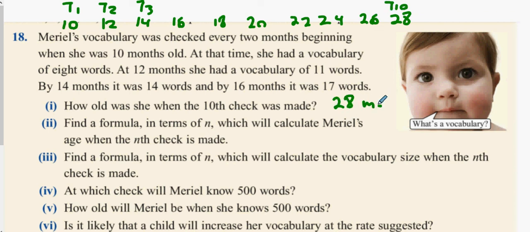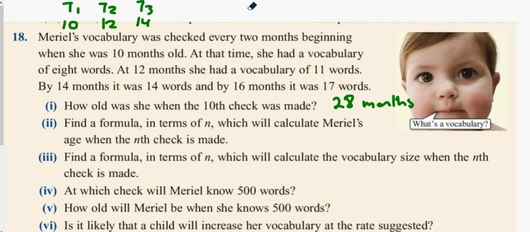Did any of you use a formula for that, or did you just count up? Well, we have to do the formula anyway for part 2, so it was worth doing it anyway. So, what's the A value? 10. D value? 2.